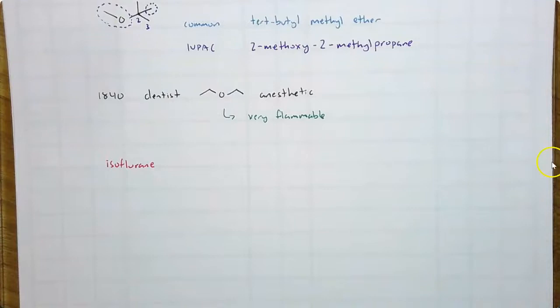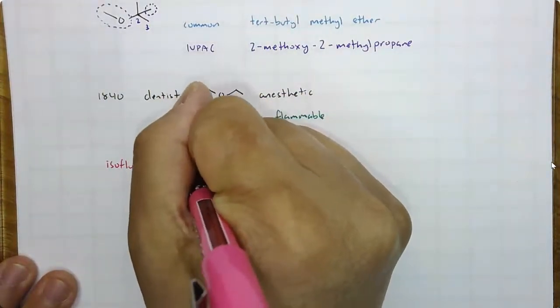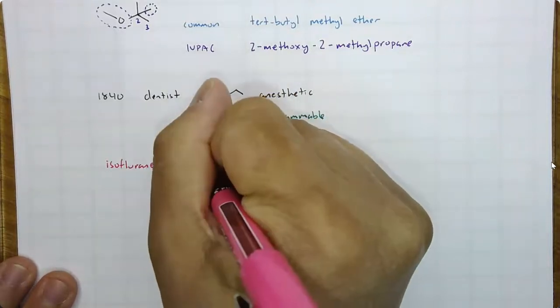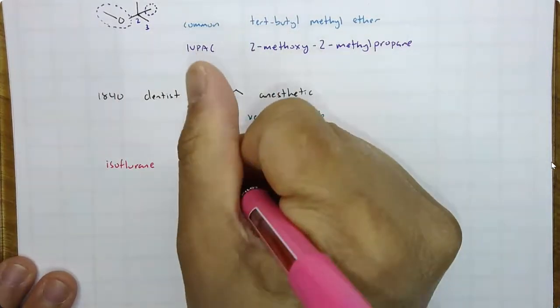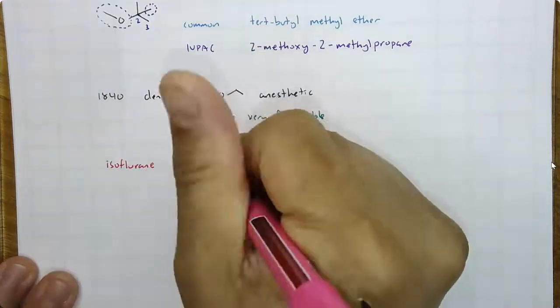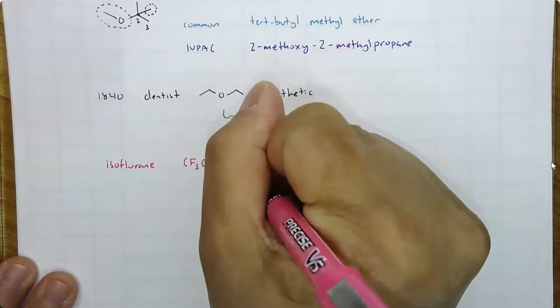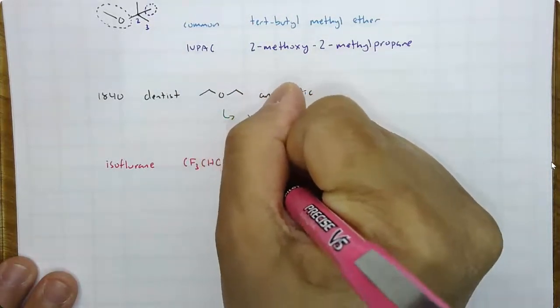Let me give you the condensed structure. What's going on here is that when you add halogens, that's a chlorine, when you add halogens to an ether, it reduces its flammability. Yeah, so this is very halogenated.